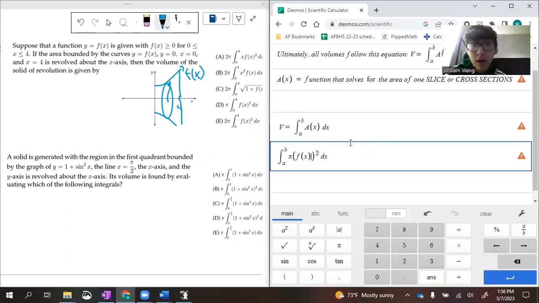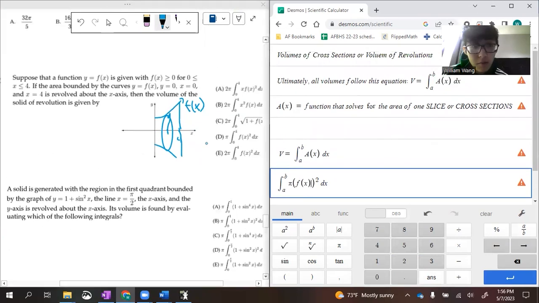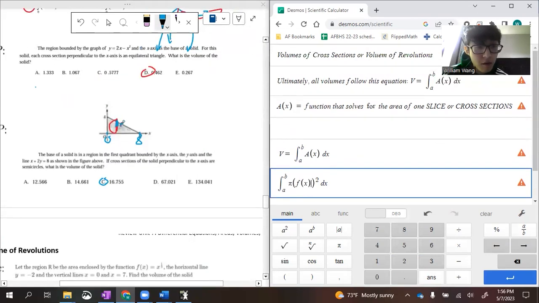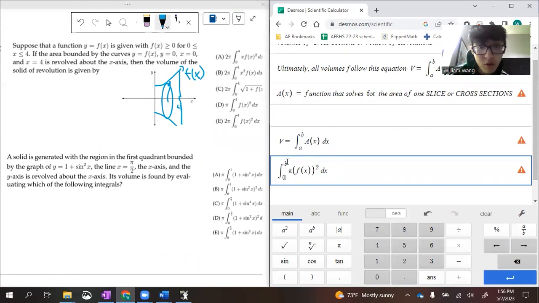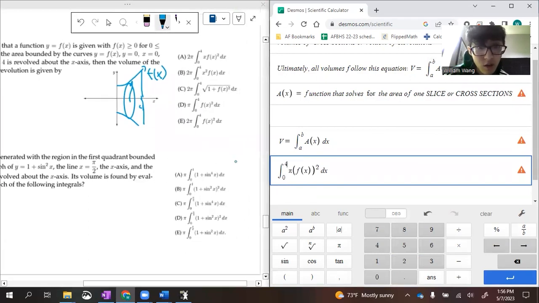Remember, I don't have to divide it by 2 here, because the radius is literally upper minus lower. That's my radius. So same concept, but you might think about it a little bit differently. Your bounds were from 0 to 4. So actually pretty straightforward. Which one of these integrals looks like that? It's going to be D.